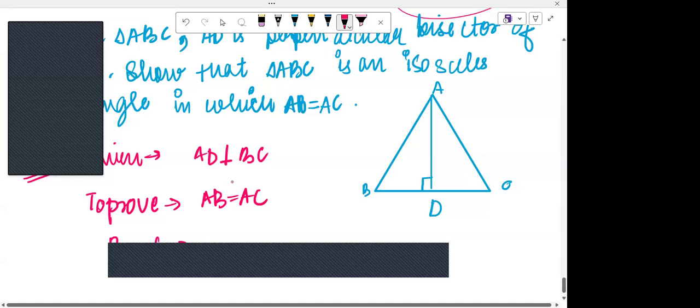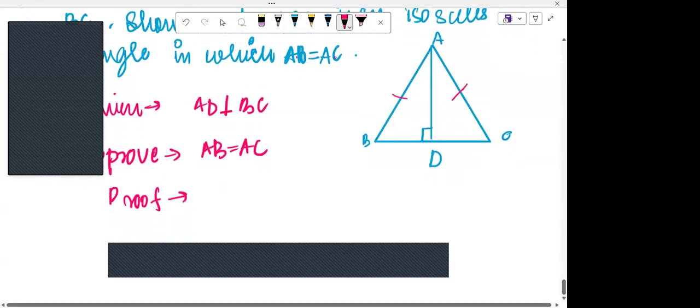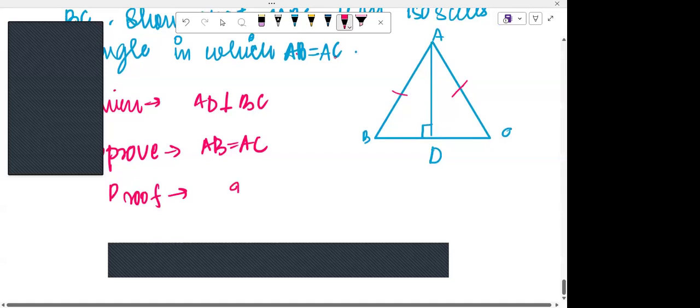Okay, anyway, let's discuss the question. So first of all, in this particular question, how can you prove that AB is equal to AC? It is very simple. You prove triangle ABD and triangle ACD congruent.